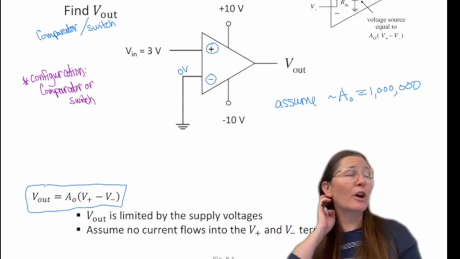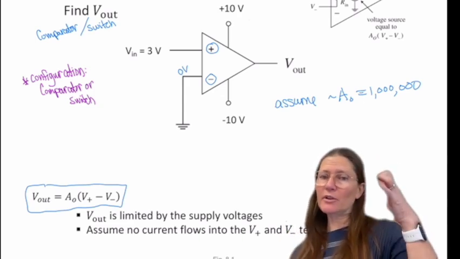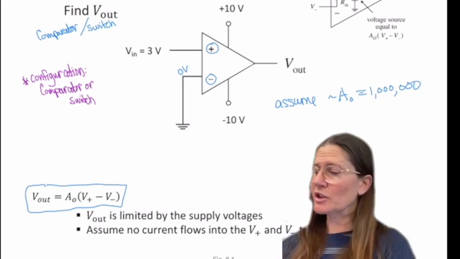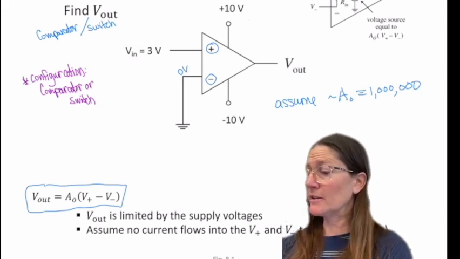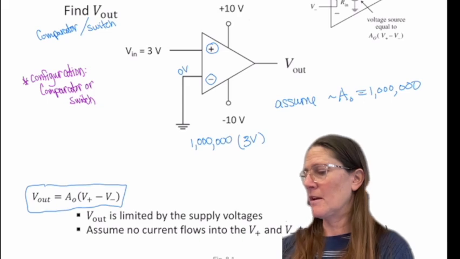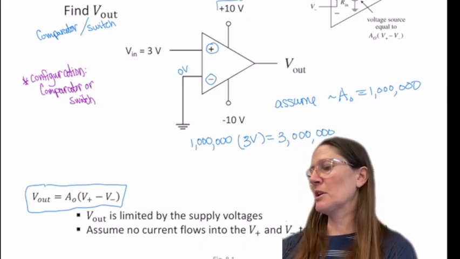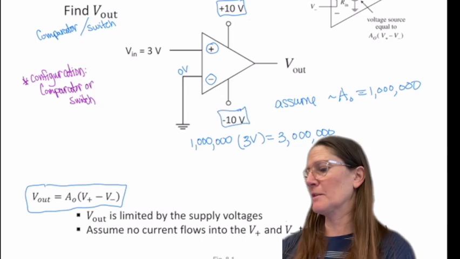So it's really large. What it's going to do is compare the two voltages, which would be in this case 3, multiply it by 1,000,000, and therefore you should have out of here 3 million.